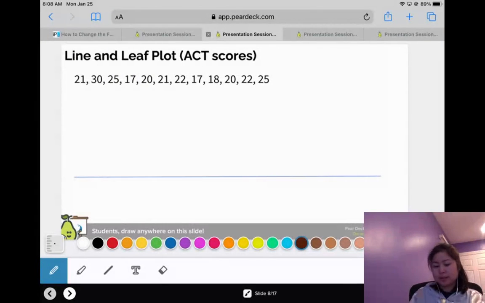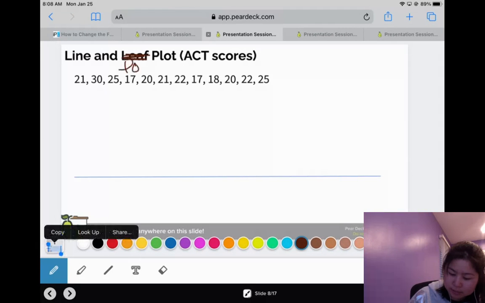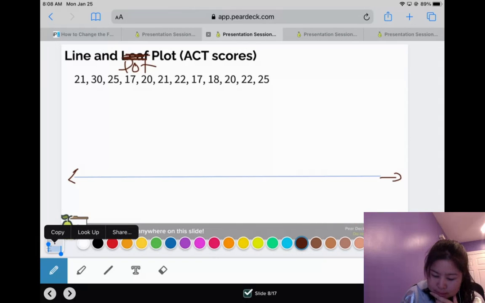Another one that we want to review is the line plot, the dot plot, not the leaf. For this one, it's the number line. If I look over here at my list, I'm seeing my lowest values. It's like when you graph the number line and you plot how many times that number appears.